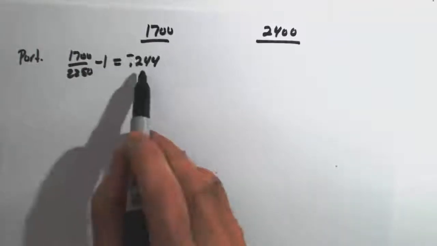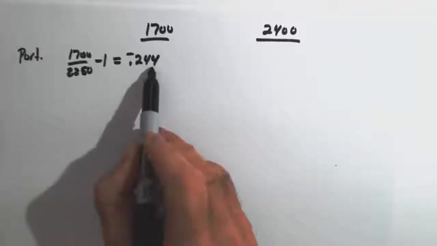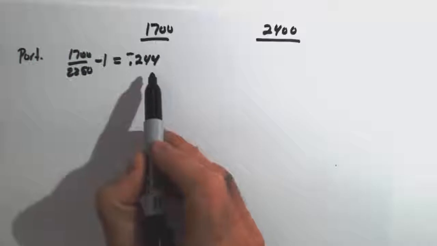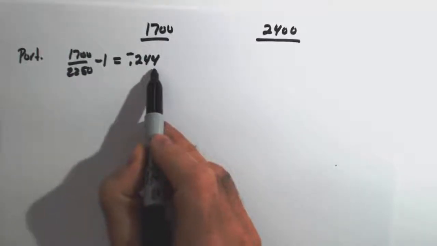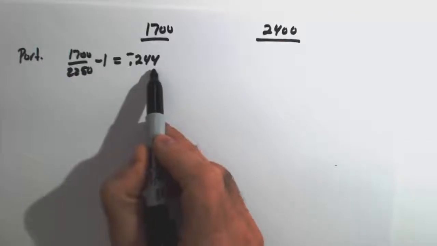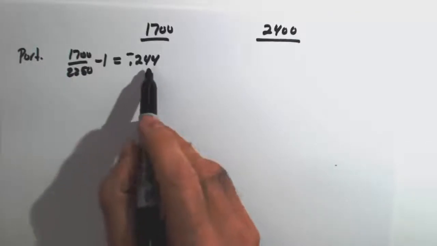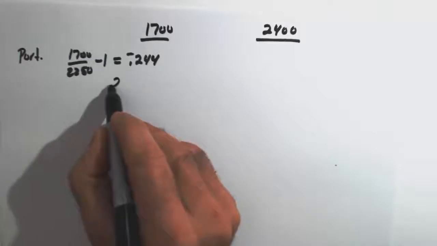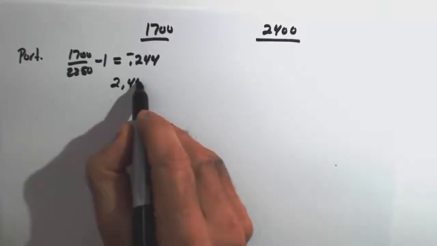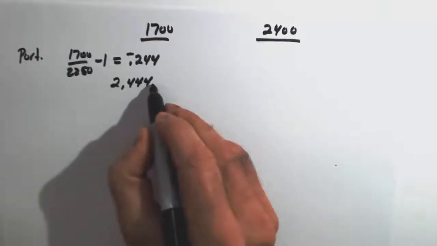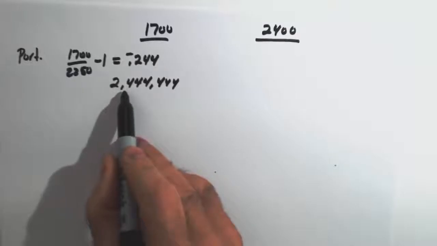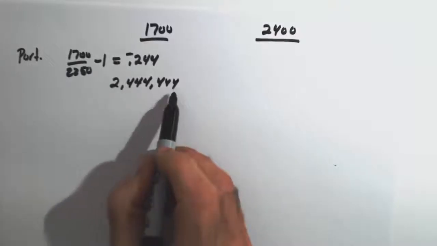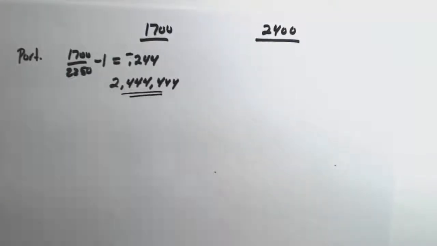The market lost 24%, right? It's a pretty big drop. 24.4% is what the market lost, okay? Which means the portfolio had to drop by 2,444,444. So I'm not rounding anything here. So the portfolio lost $2,444,444 basically in value.